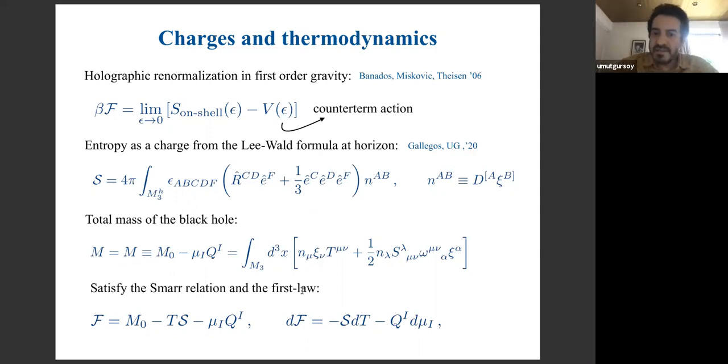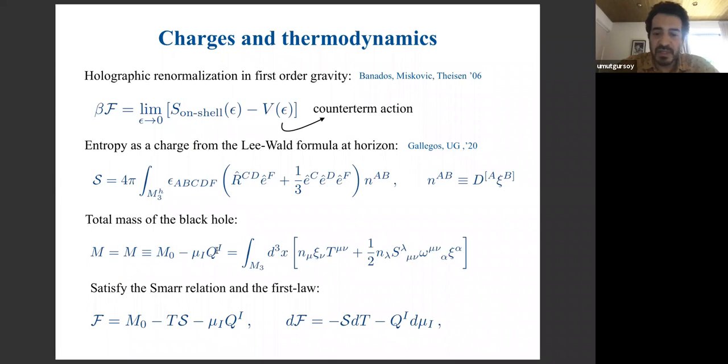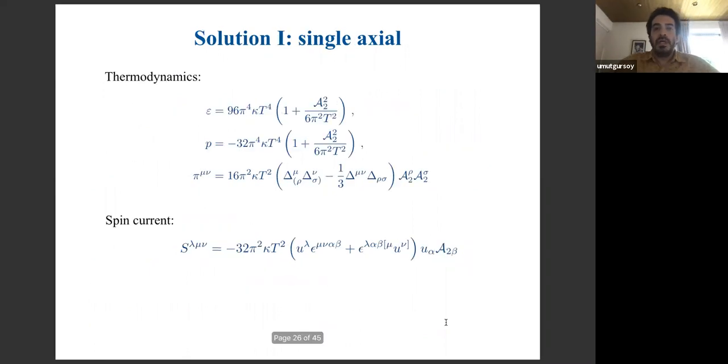All the black hole solutions that we are looking at would satisfy, because of these definitions, you can immediately show by straightforward calculation that the free energy you define from the on-shell action is going to satisfy the Smarr relation, just the energy minus Ts minus mu times Q, where Q is the spin charge, the spin density and the associated chemical potentials, and the first law.